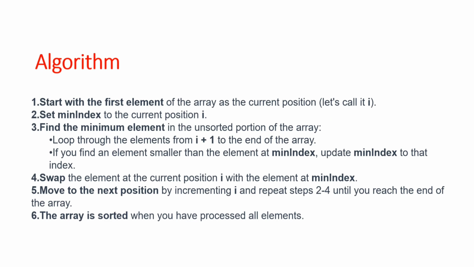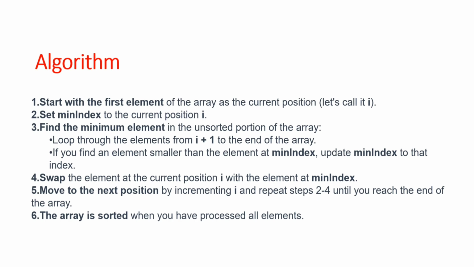When you have processed all elements, move to the next position by incrementing i and repeat until you reach the end of the array. The array is sorted in ascending or descending order.